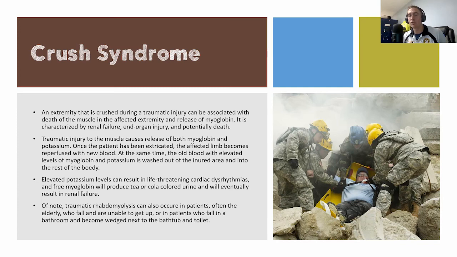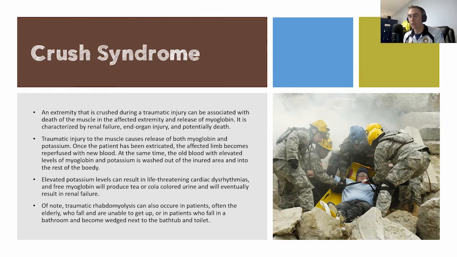Once you release that, the reperfusion allows the blood with the elevated levels of myoglobin and potassium to wash out of the injured area into the rest of the body. This elevation in potassium can result in life-threatening cardiac arrhythmias.